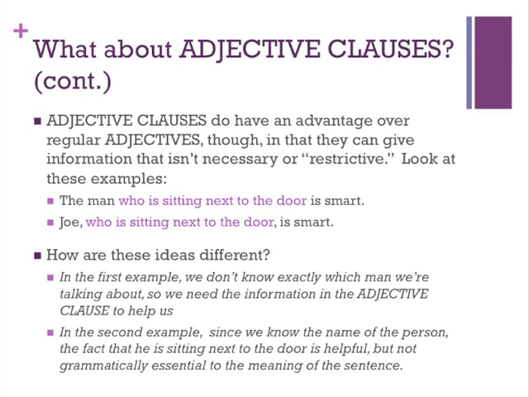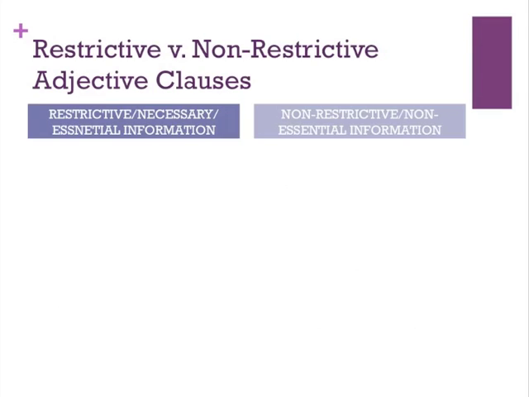So in this case, since we know the name of the person, the fact that he is sitting next to the door might be helpful, but it's not grammatically essential to the meaning of the sentence. In other words, if I removed this clause, if I said Joe is smart, then the fact that he's sitting next to the door doesn't really affect that. It's just extra information.